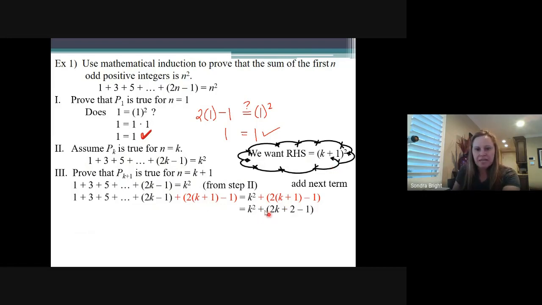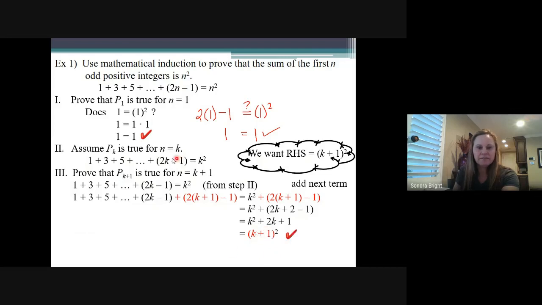All right, so I distributed the 2 times k and 2 times 1 to get 2k plus 2 minus 1. Well, 2 minus 1 is just 1, so this simplifies to k squared plus 2k plus 1, which, by the way, factors as k plus 1 quantity squared. We just proved that it's true. That was what we wanted.